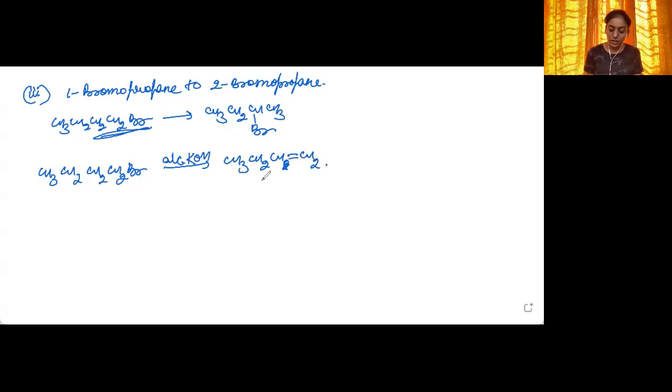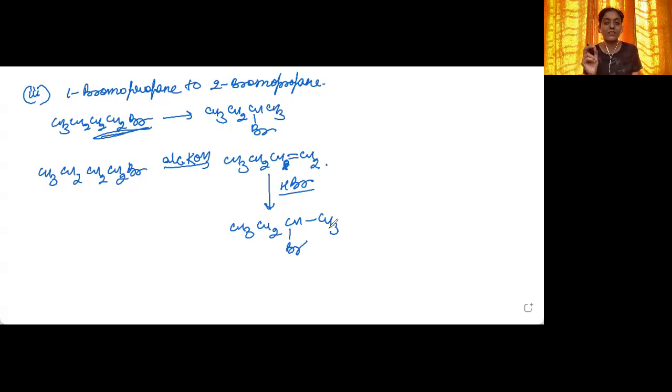Now you can again add HBr into it. Now you need to see whether you will be adding it according to Markovnikov's rule or anti-Markovnikov's rule. So you need to see it yourself now. I have used Markovnikov's rule.